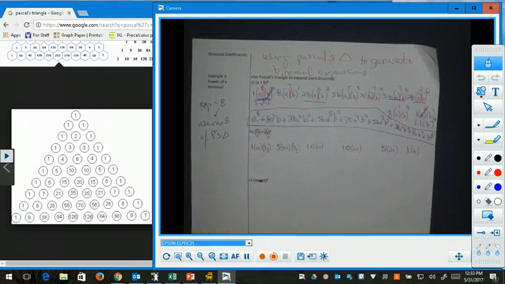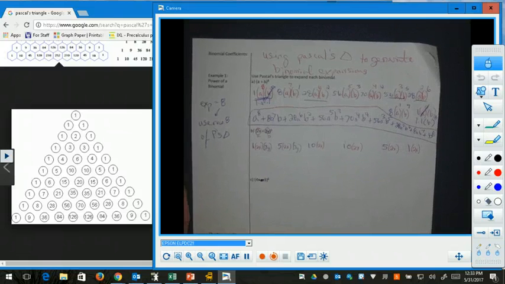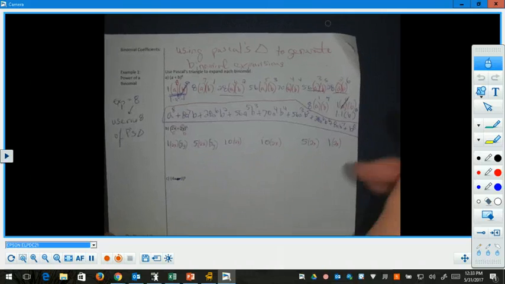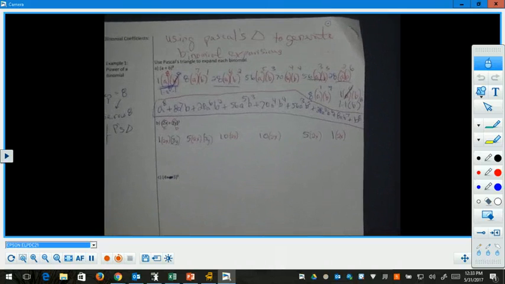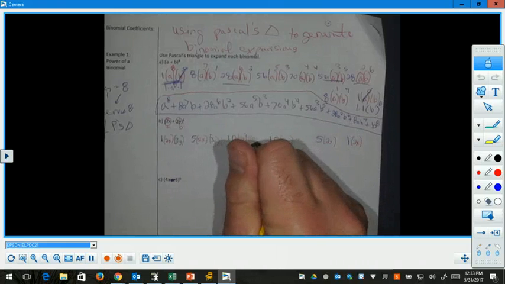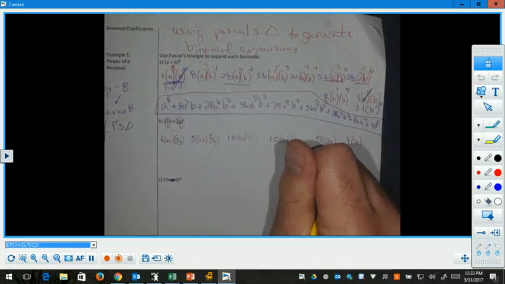And I don't need to see Pascal's triangle anymore. I actually could have generated the first 5 rows quickly. I just didn't feel like generating the 8 rows to save us some time. All right, so then this is going to be our 3y next to every one of these.